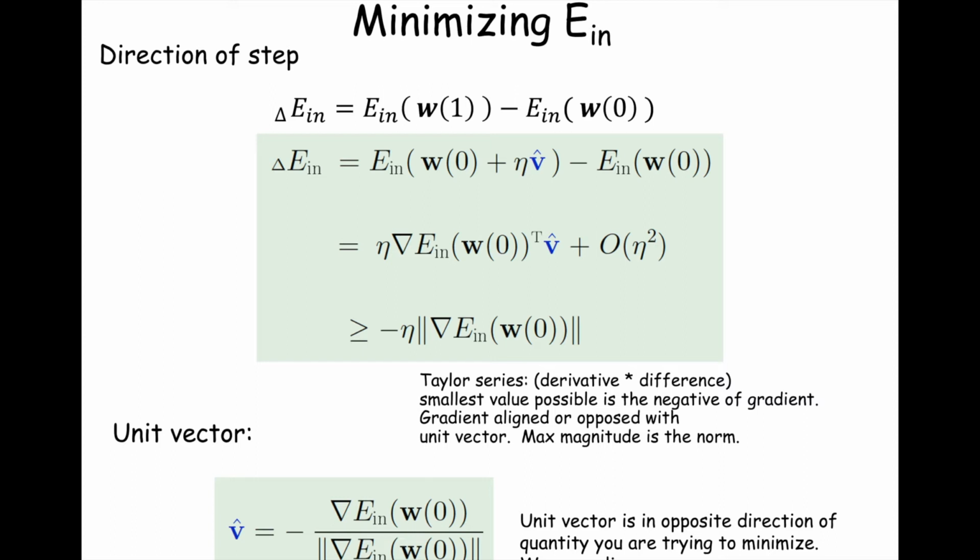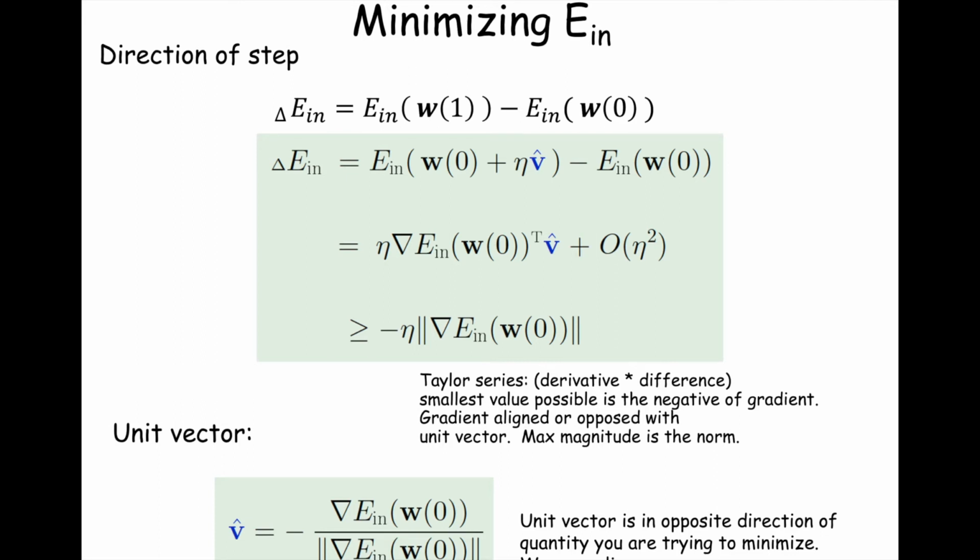Well, of course, that step, eta times the gradient of En at W naught, is in the direction of v hat. And so three cases can happen. It either aligns perfectly with v hat, so it's that vector of the direction of steepest descent, or it's not aligning, or it's completely in the opposite direction.